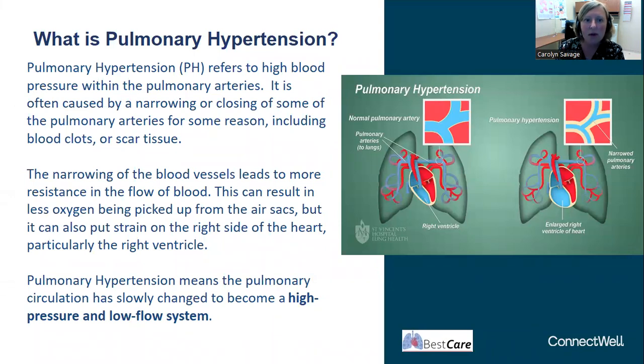Pulmonary hypertension really refers to the blood pressure within the pulmonary arteries becoming a high blood pressure system. It's often caused by narrowing or closing of the pulmonary arteries for some reason.